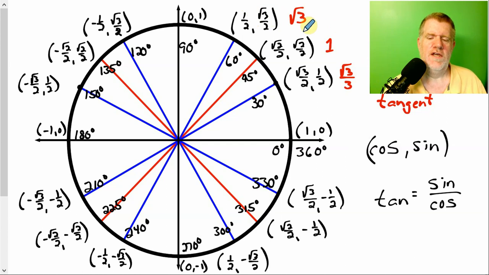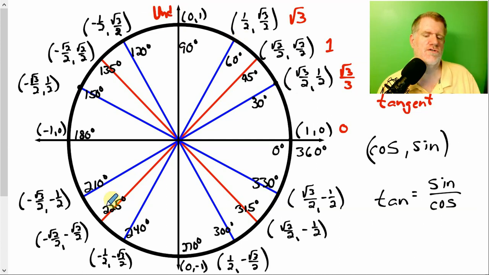So with that in mind, can you figure out the tangents in the other 3 quadrants? And I will give you a little trick. Remember, it's sine divided by cosine, so the tangent is 0. Here, it's 1 divided by 0. The tangent doesn't exist. We say the tangent is undefined here. So if you know these values in the first quadrant, can you extrapolate those to the other 3 quadrants?